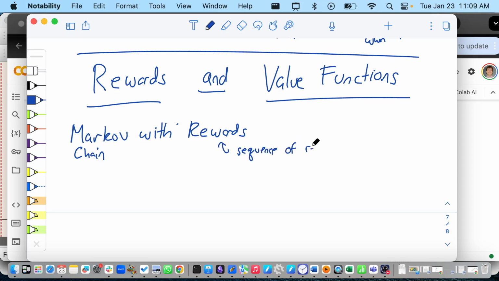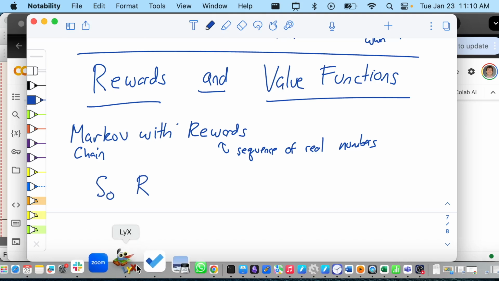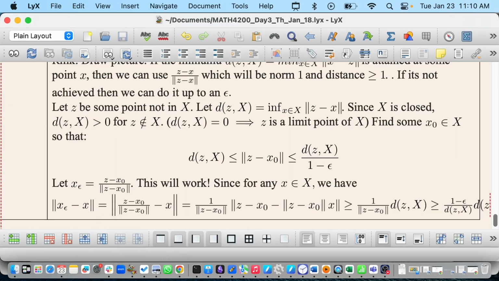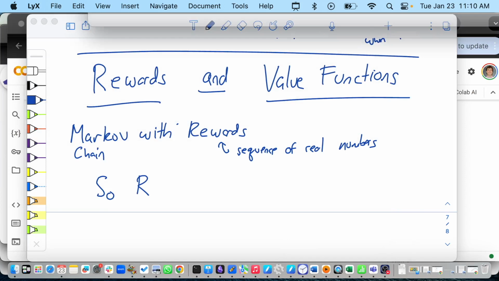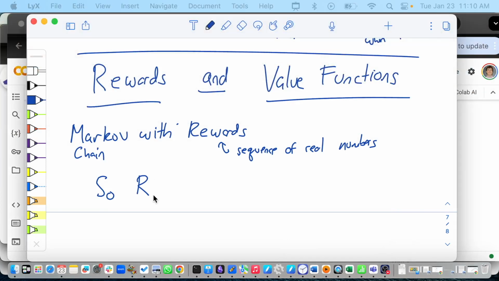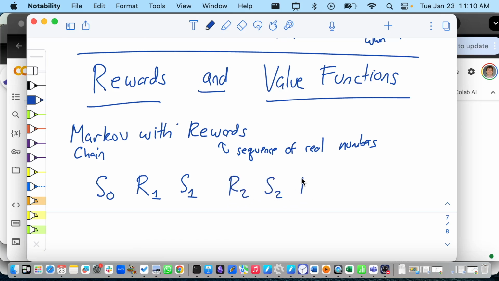And you really should think of the whole thing together as being a sequence S0, R1, S1, R2, S2, R3, S3, dot, dot, dot.